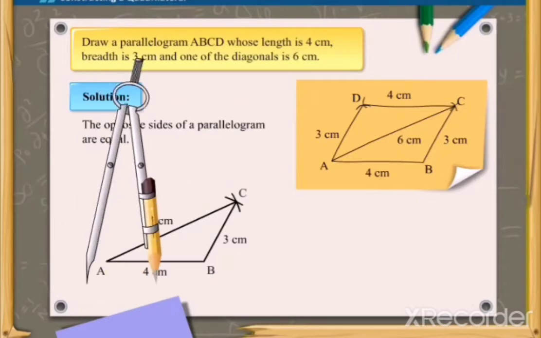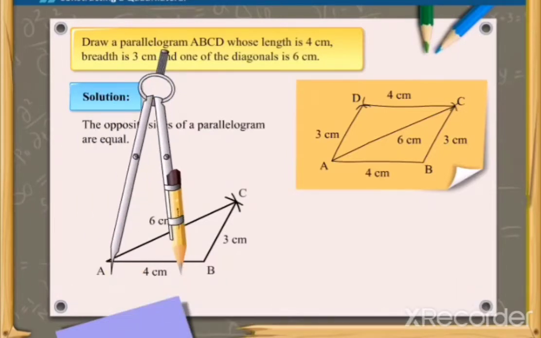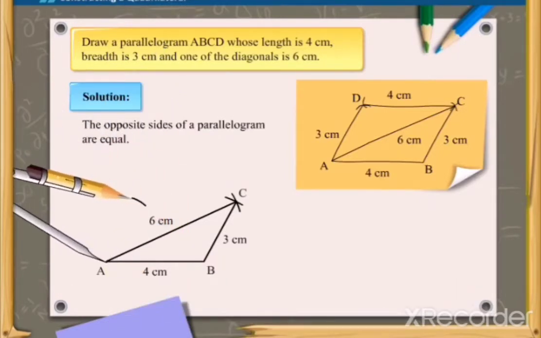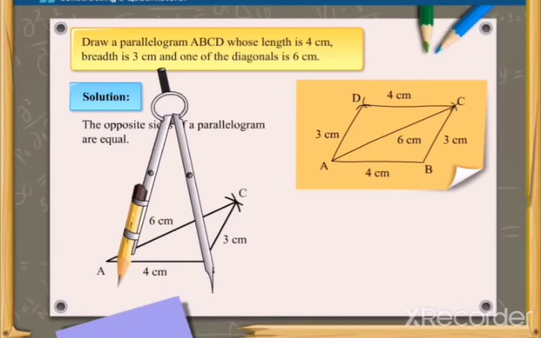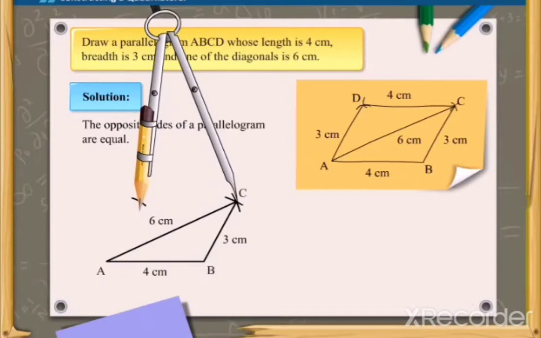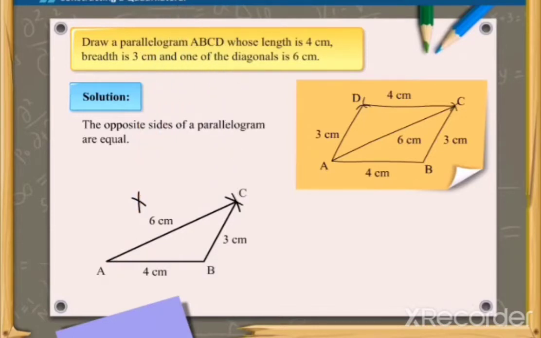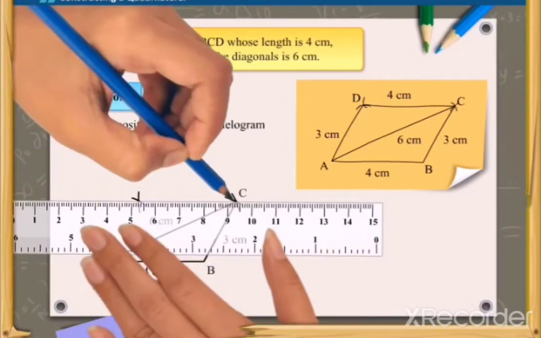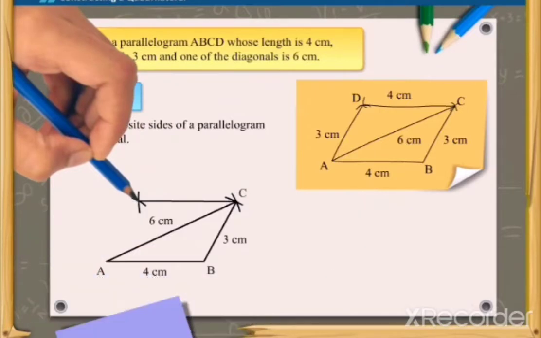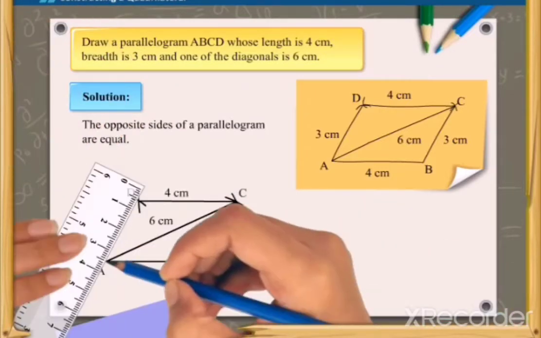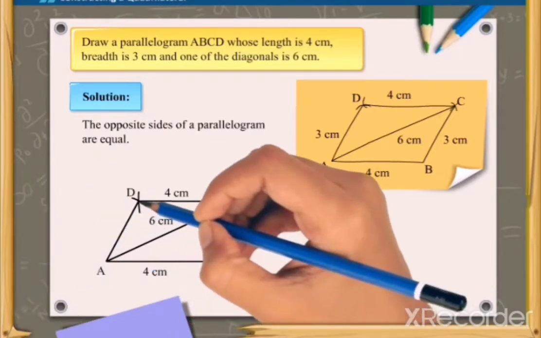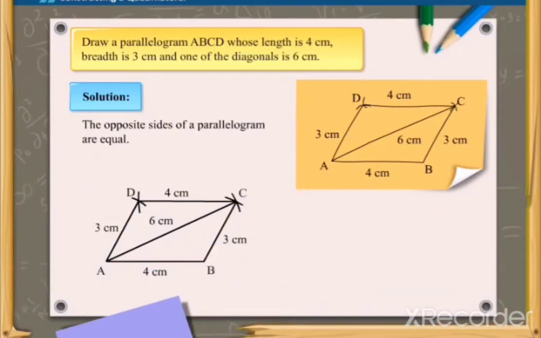Next, draw the remaining 2 sides. Thus, we get the required quadrilateral.